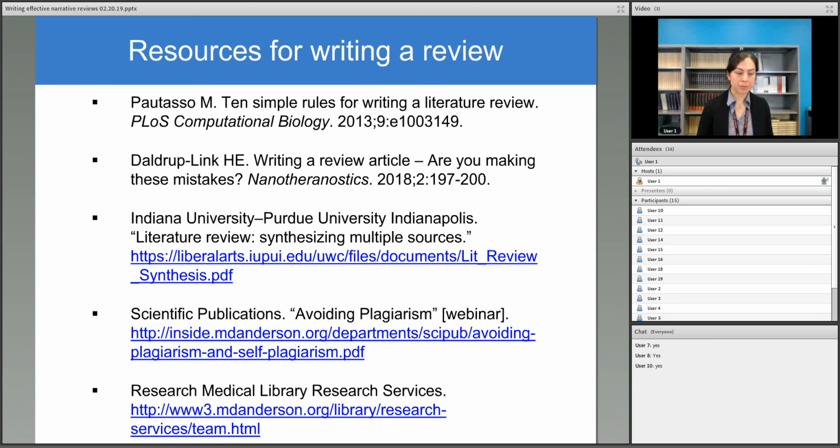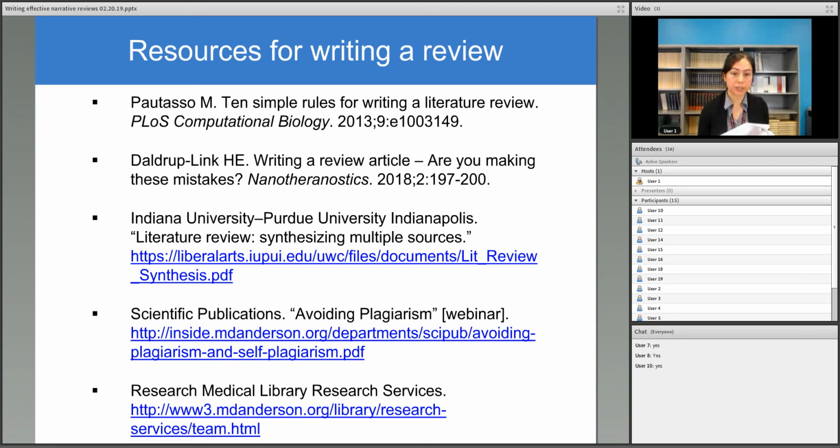So as we come to the end of the presentation, here are more resources to help you continue to improve your literature review skills. The first two articles are about how to write a literature review, both from a biomedical perspective.